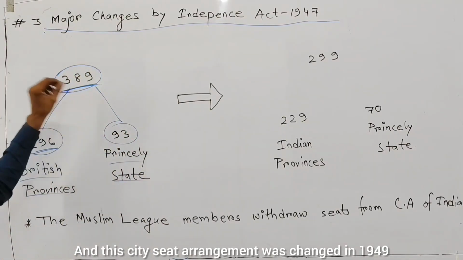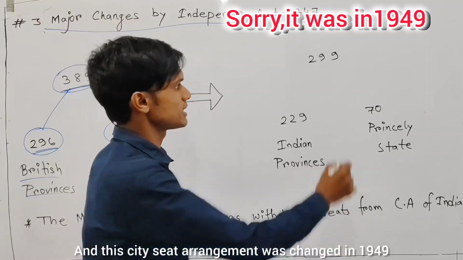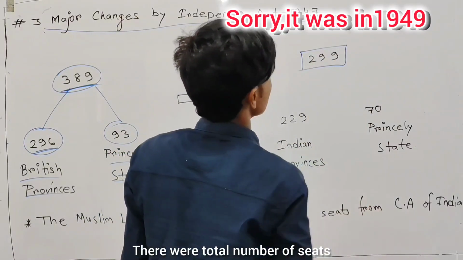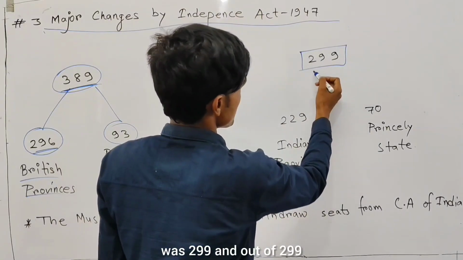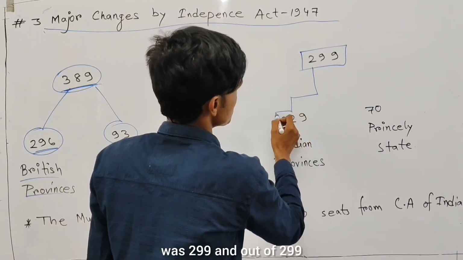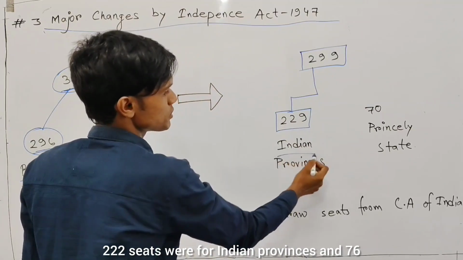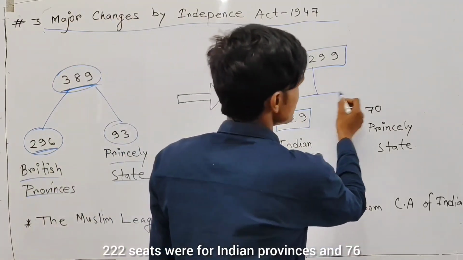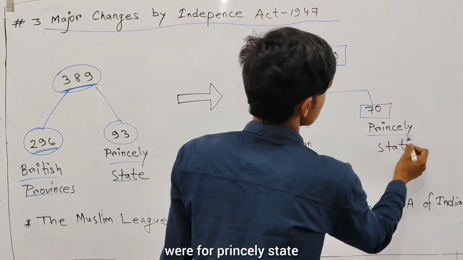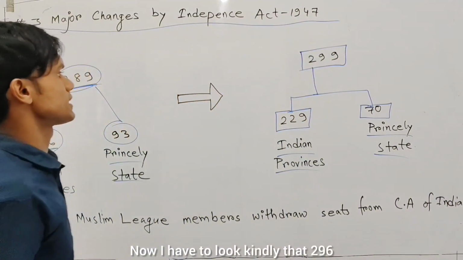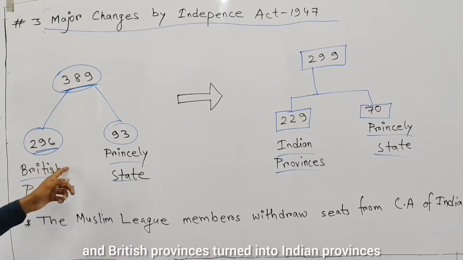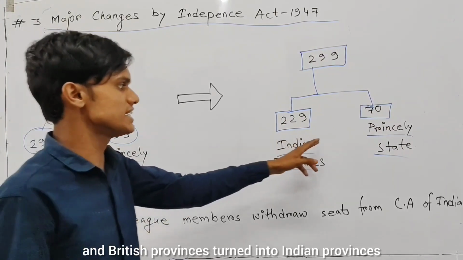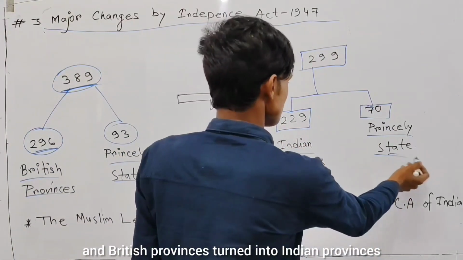This seat arrangement was changed in 1947 like this: the total number of seats was 299, and out of 299, 229 seats were for Indian provinces and 70 seats were for princely states. Now we have to look keenly that the seats for British provinces turned into seats for Indian provinces.